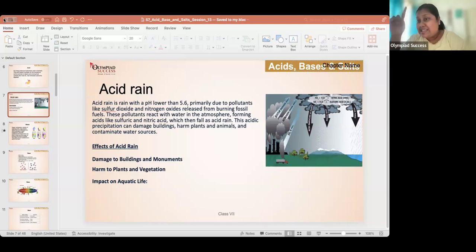Because of acid. When it rains, it has some acidic component. It is going to react with the marble and corrode the top layer, destroying the beauty of the Taj Mahal. I just gave you one example. It is affecting the vintage monuments and buildings a lot.